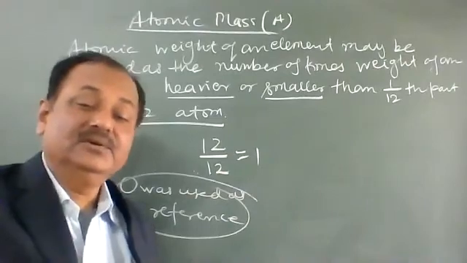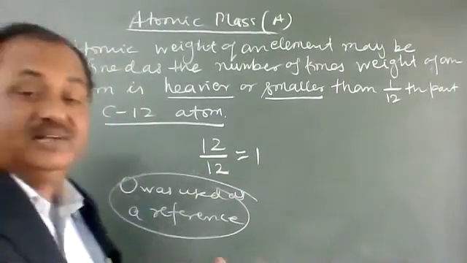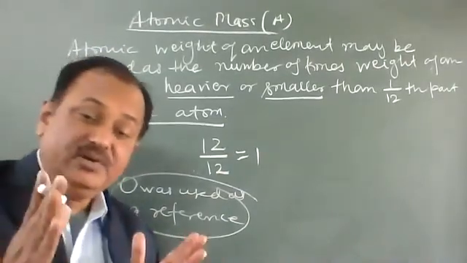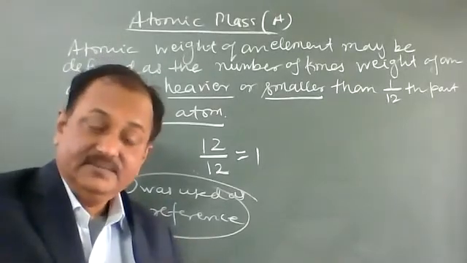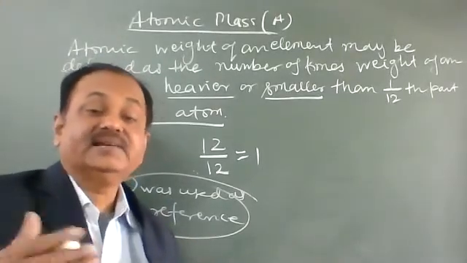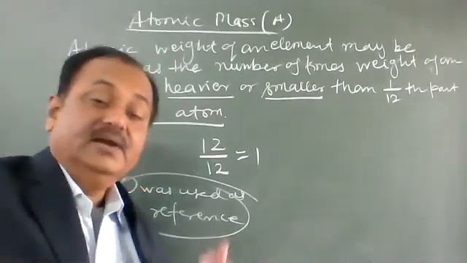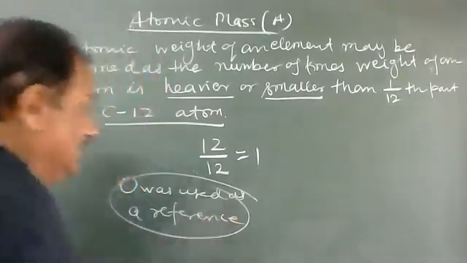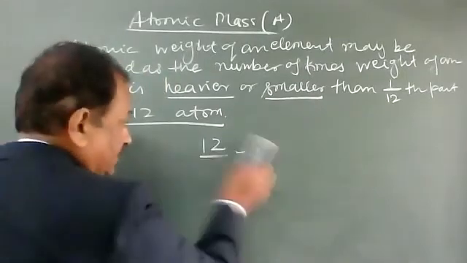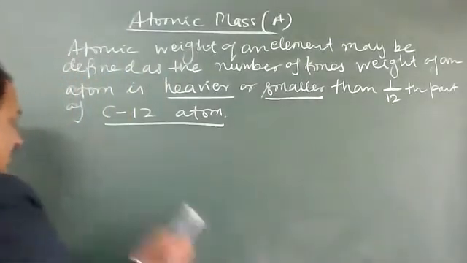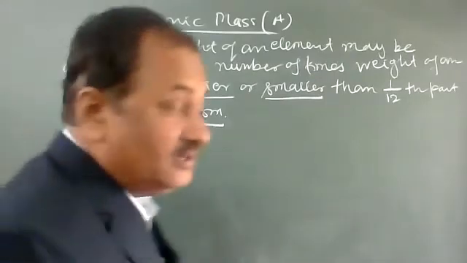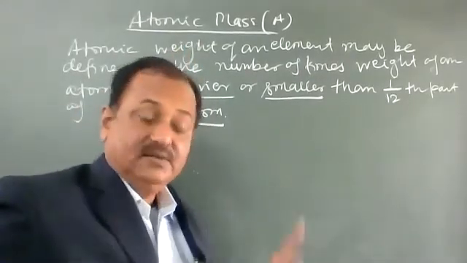But later on, it was found that oxygen was contaminated. You all must know oxygen is very reactive, and it cannot be obtained in pure form easily. As a result, it changed. So this is the reason.